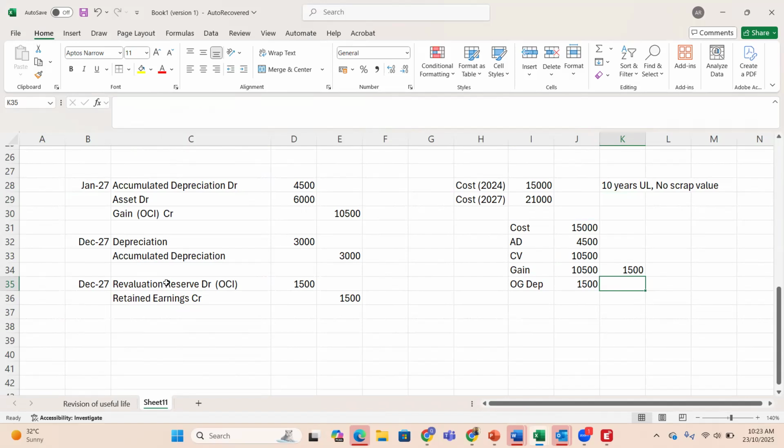Now, fundamentally, if you see this, you'll observe one thing. The revaluation reserve gain is not reclassified into P&L; it will go directly from OCI into retained earnings.